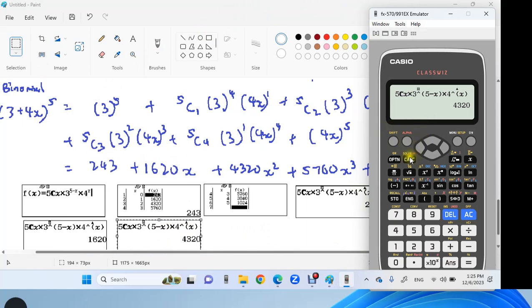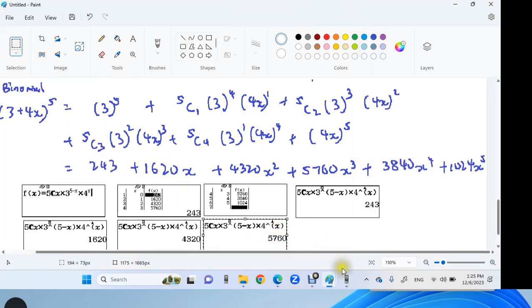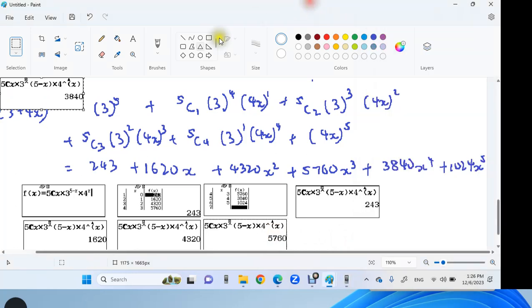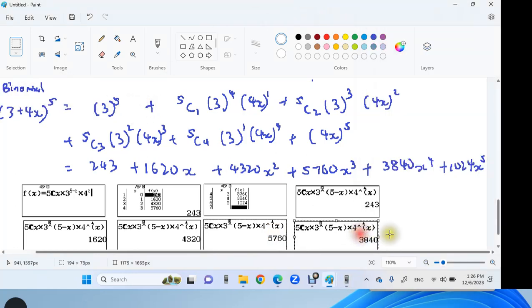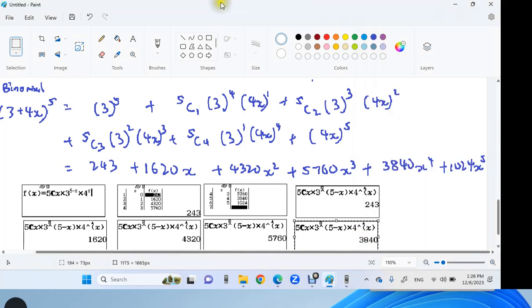And you press the CALC and you substitute 3, then it is 5760. And you press the CALC again, you key 4, it will become 3840. And you do the CALC, press 5, then it will return 1024.